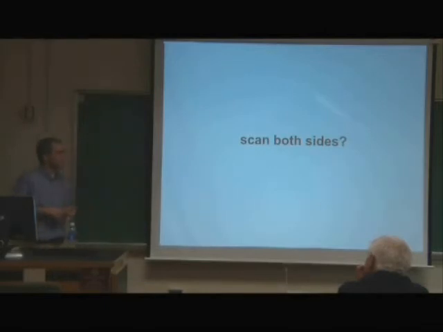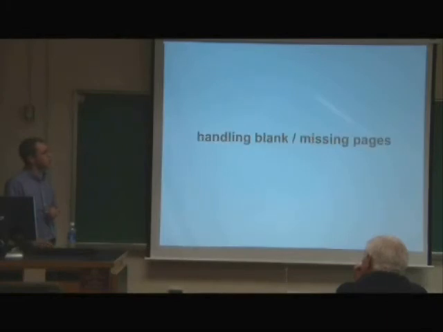Or do you just make it a particular policy? How do you define the policy? Do you scan something on the back if there's anything, otherwise you don't scan it? Do you scan the back of everything, regardless of whether it's blank or not? Again, for archives in particular, this is a real consideration in how you do digitization. There's not a pat answer to that. It's a question that you need to go back to thinking about what your project is.